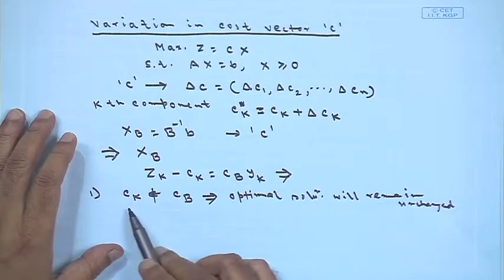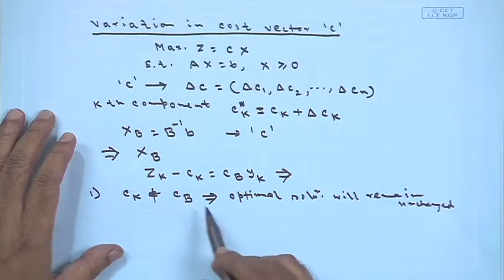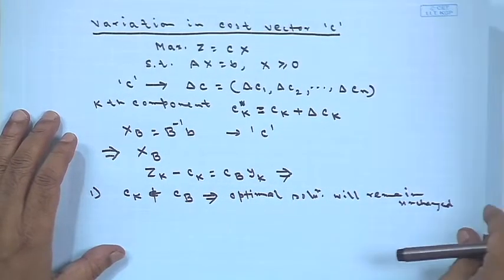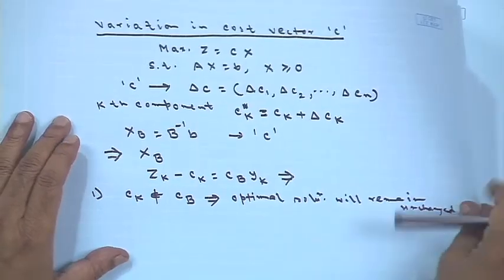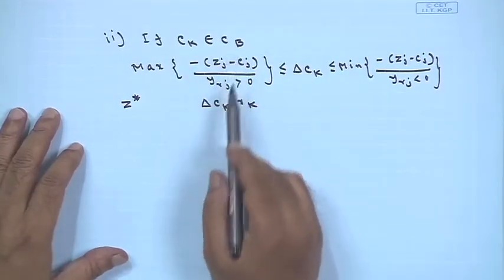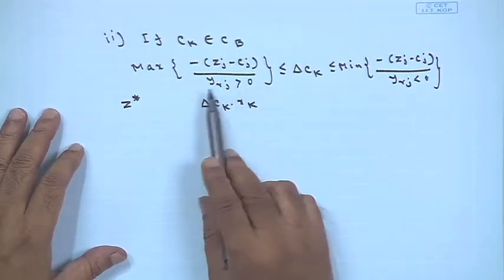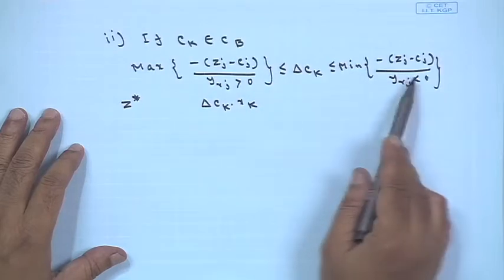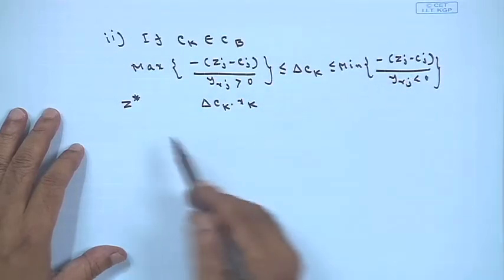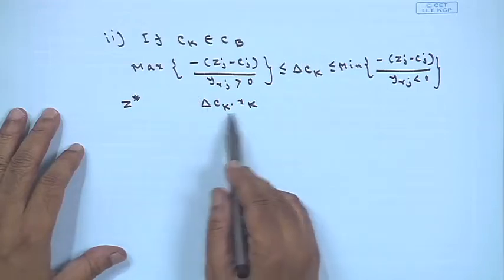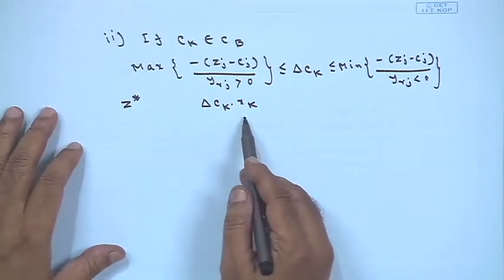Two cases may arise: if Ck does not belong to Cb, the optimal solution will remain unchanged; whereas if Ck belongs to Cb, and delta Ck lies between the maximum of this value and the minimum of this, then the optimal cost Z star will be improved by the quantity delta Ck into xk.